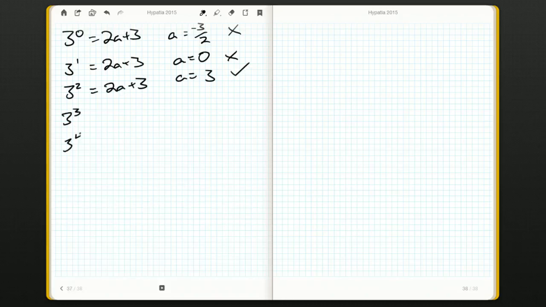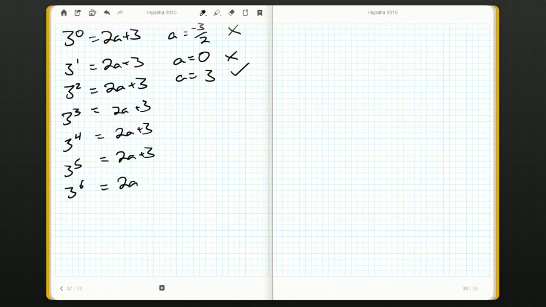3 cubed, 3 to the 4th, 3 to the 5th, and 3 to the 6th. This one would be A is 12. That's going to work. This one is 81 minus 3 divided by 2, 39.